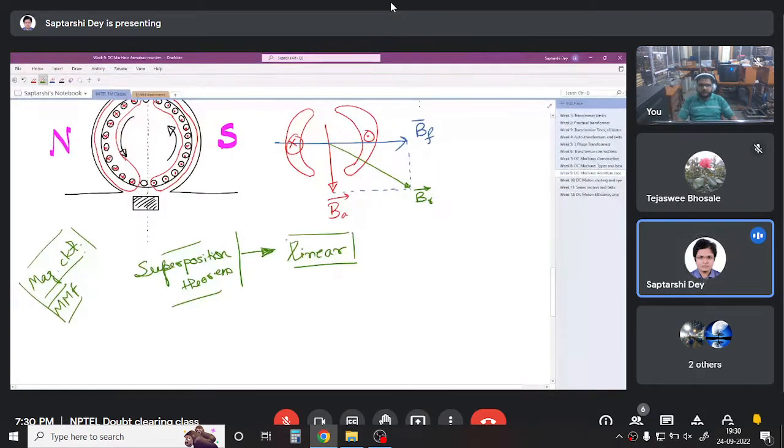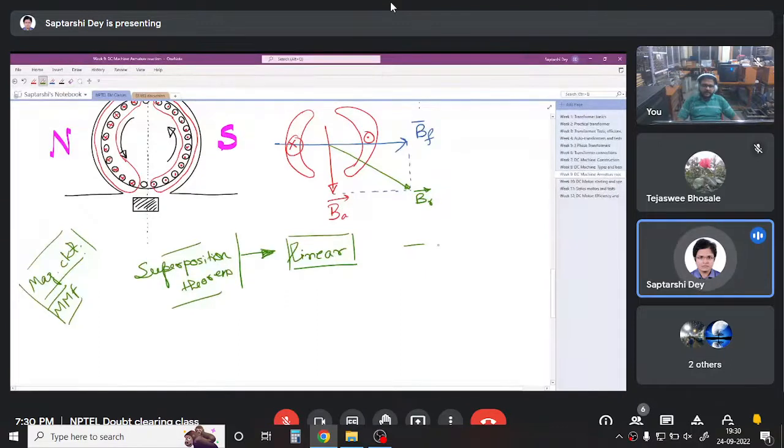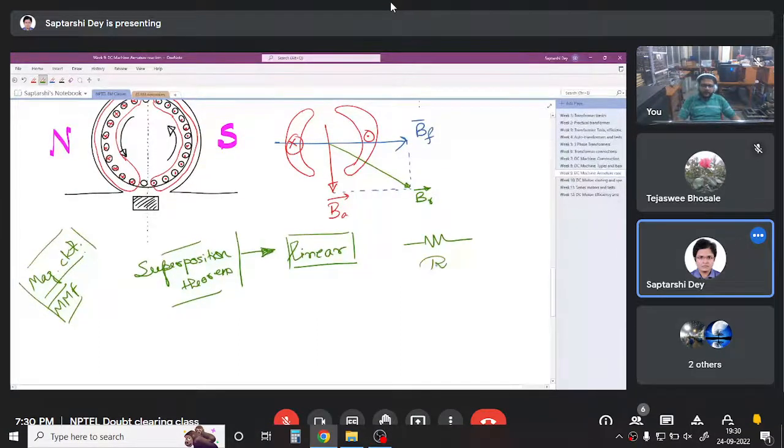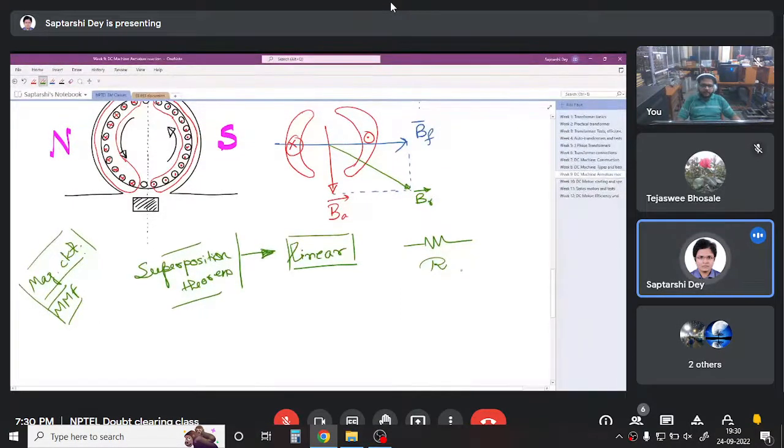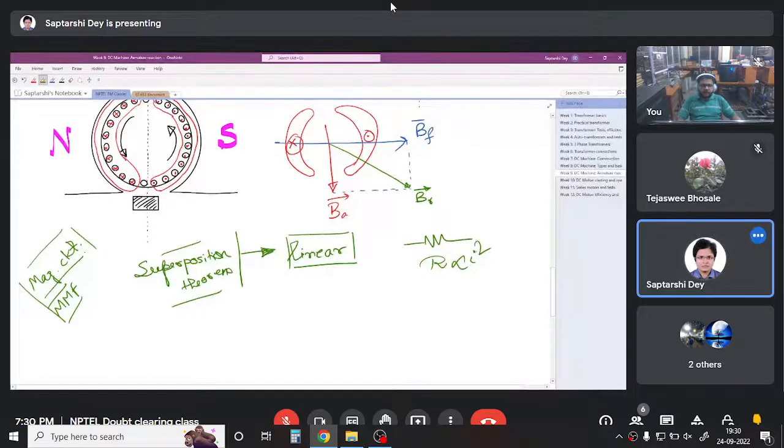The system must be linear. So if in an electrical circuit you have a resistance which is proportional to the square of the current flowing through it, you cannot apply the superposition theorem in this circuit.